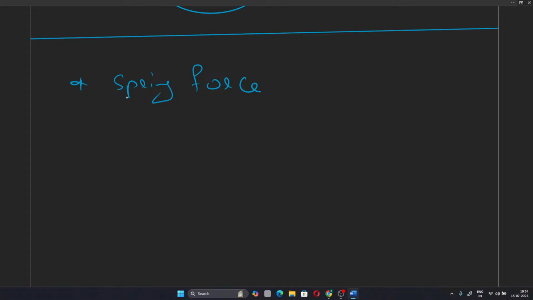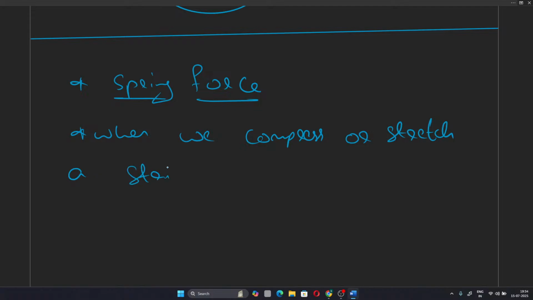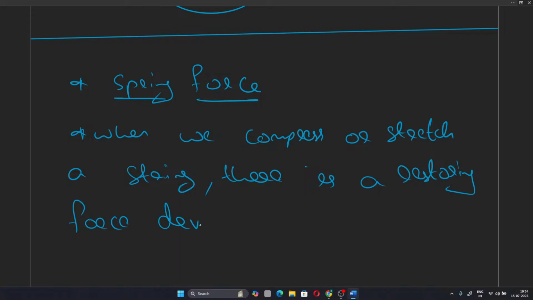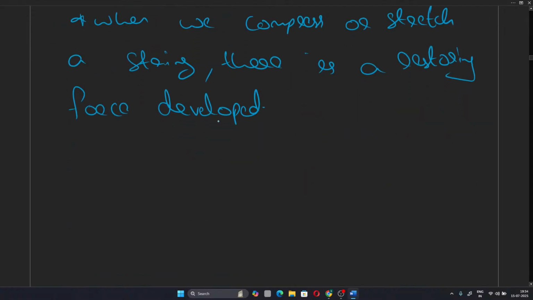Basically, another common force is the spring force. Spring force is when we compress or stretch a spring, a restoring force is developed.